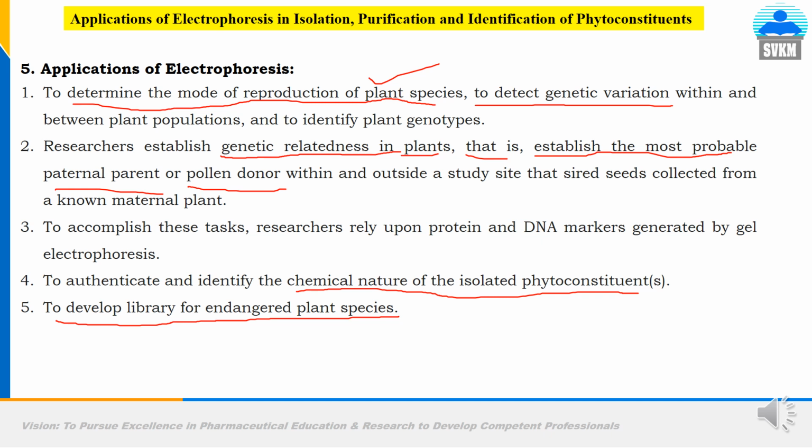By this principle, after application of an electric field of the set frequency, molecules like nucleic acids and proteins separate and can be identified on the given base. This is how electrophoresis is very helpful in proper authentication and identification of the various chemical natures of isolated phytoconstituents.